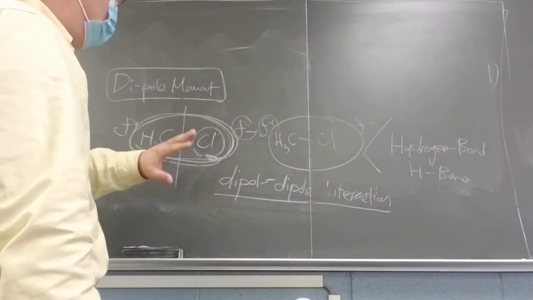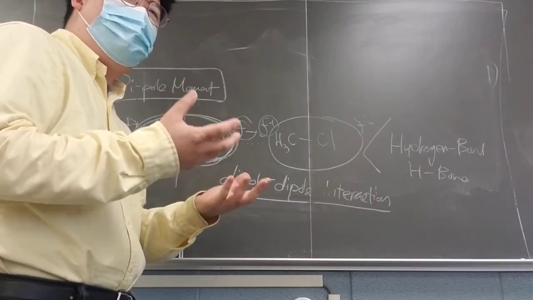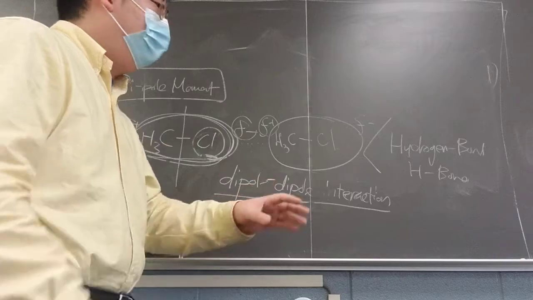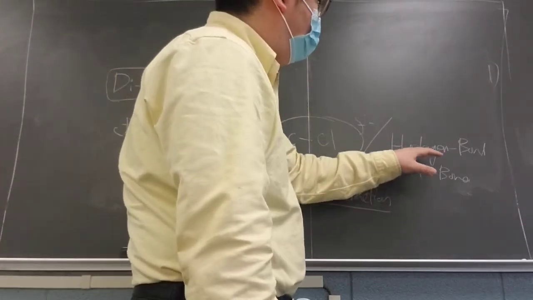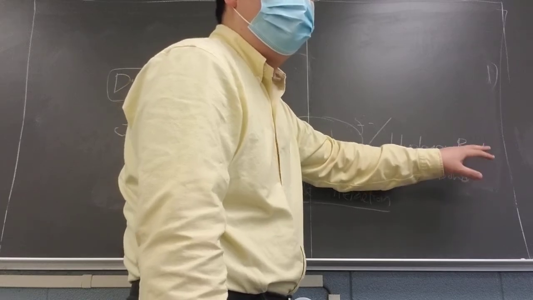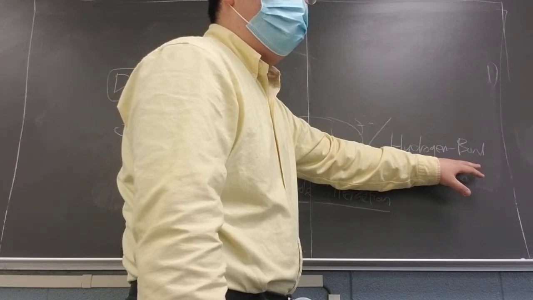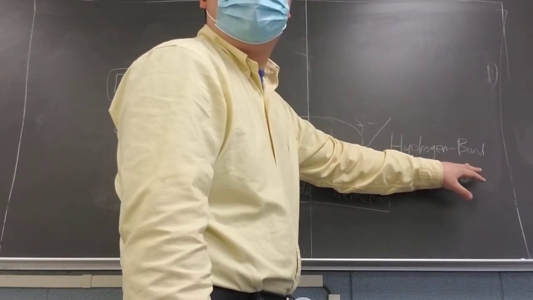So if I call something interactions or force, it means there's an interaction, but not as strong as what we can call a bond. But we call this one hydrogen bond because this is special, because this is the strongest possible dipole-dipole interaction. It could be as strong as it can be called a bond. Okay?